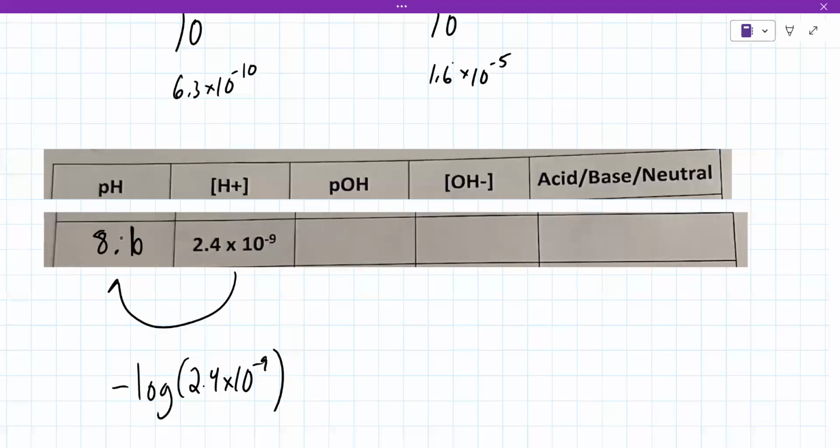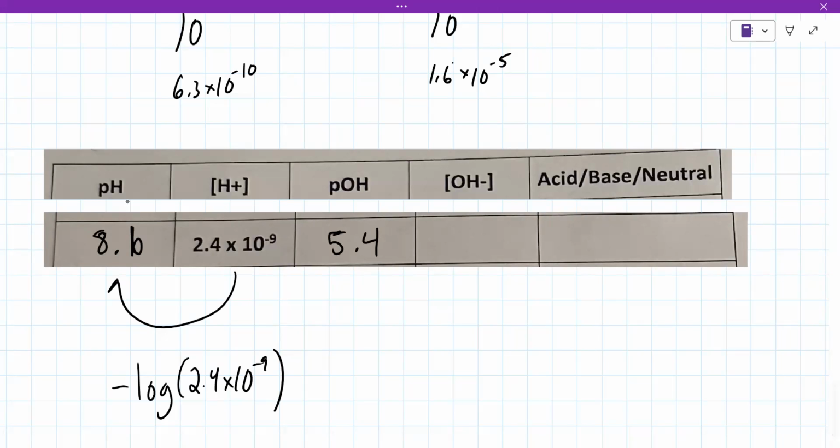pOH. Yes. And how do you find it? 14 minus 8.6. All right, so that's 5.4. Yes.